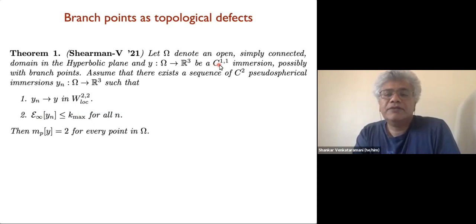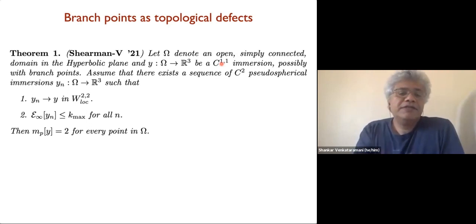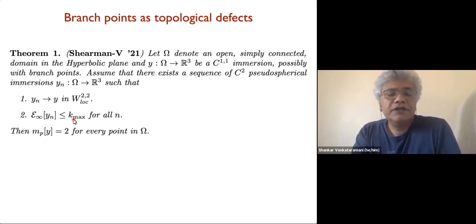Because if something is C11, then the first derivative is Lipschitz by Rademacher's theorem. It has almost everywhere curvature. We are asking that quantity be essentially bounded. So there's some essential bound on the curvatures, and the convergence, I could have taken W infinity. I can even do something weaker.